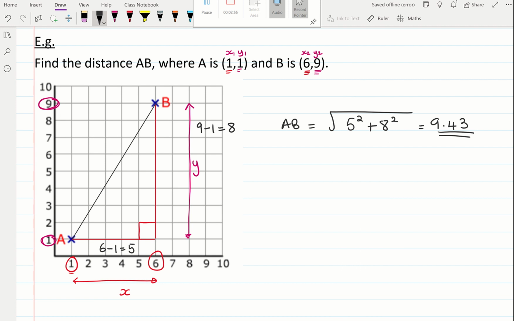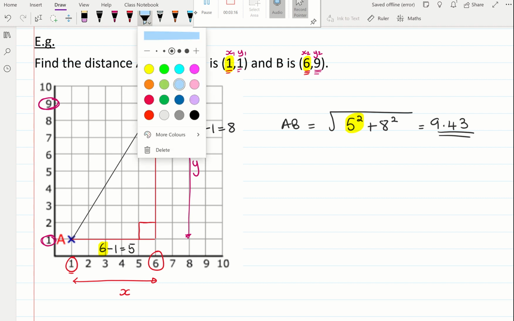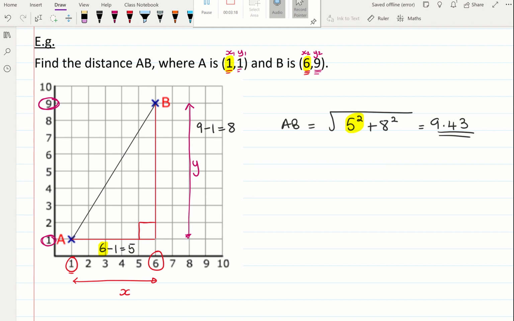Now, how does this translate into a formula? Well, I basically did x2 minus x1 to get the distance, and then I squared it. So I squared x2 minus x1, and then what I also did for the vertical distance is I got y2 and I did minus y1, and I also squared that, and I added them because I'm always finding the hypotenuse.